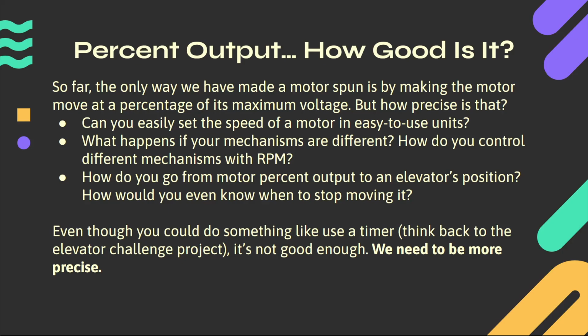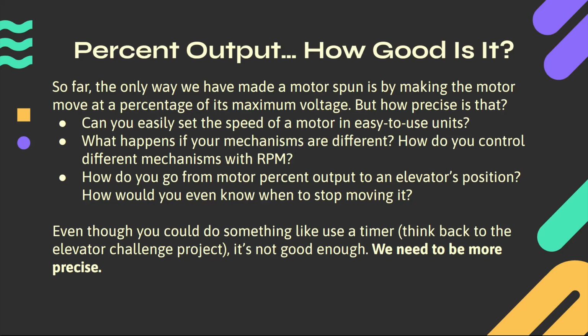The main question that we really want to tackle is, can we easily set the speed of that motor in easy to use units? If you've taken physics before, if you have some exposure to angular rotation concepts, you'll know that revolutions per minute, or RPM, is a really universal unit for measuring the rotations of a motor. So can we easily set the speed of a motor in terms of its RPM? And what happens if your mechanisms are different?